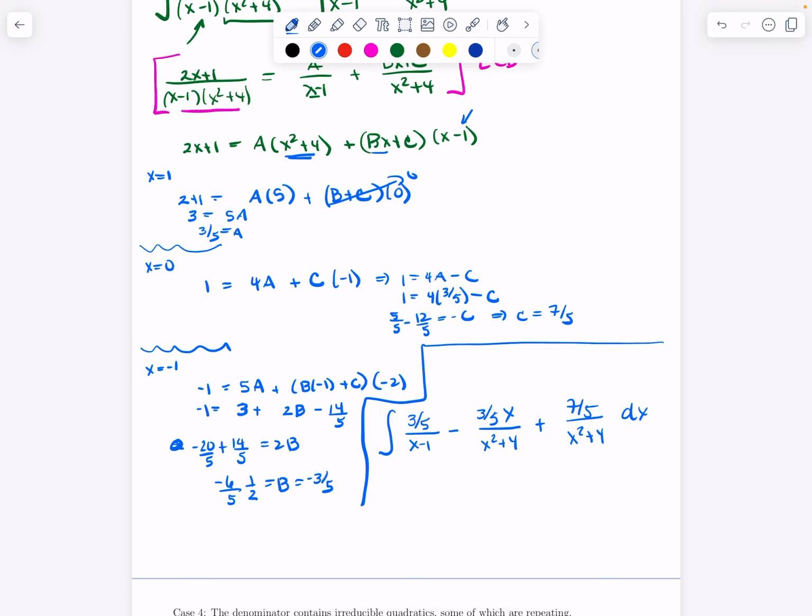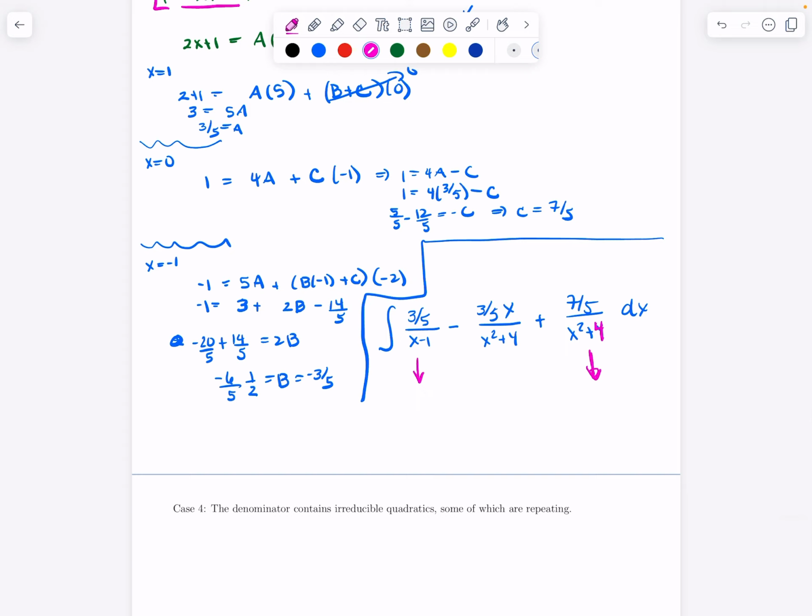Okay, hopefully you see that this is just a natural log and this one is just an arctan, right? We have to be careful though with that arctan, because that's not x squared plus 1, it's x squared plus 4.